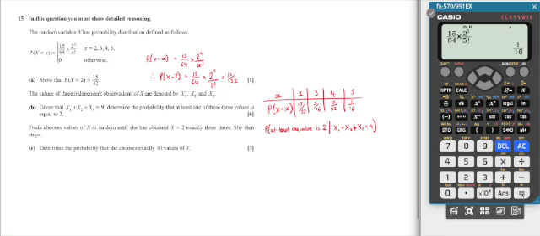So how could I get 9 out of those? I could have, so we could do this by doing a 2, a 2 and a 5.